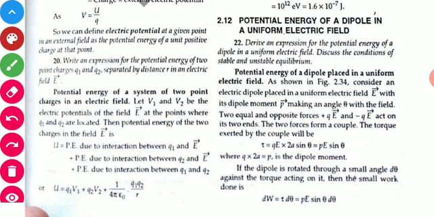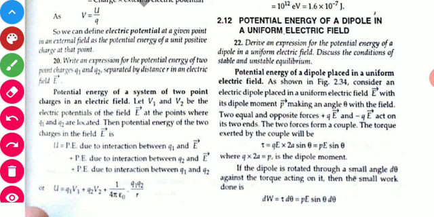Now the third one is potential energy due to the system of charges Q1 and Q2. We have already done the derivation for two charges, so according to that, the formula is 1 by 4 pi epsilon naught Q1 Q2 upon r. So this is the potential energy of two charges.